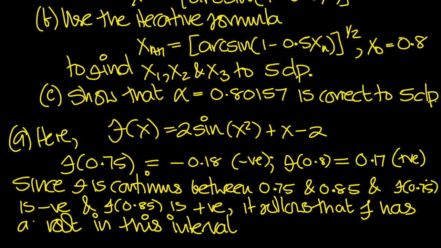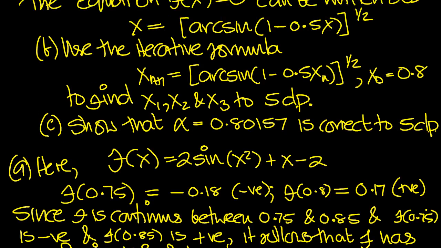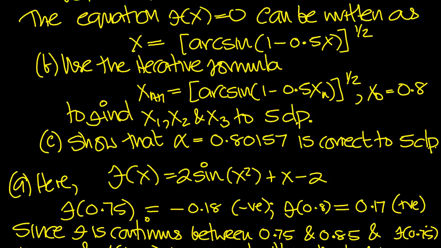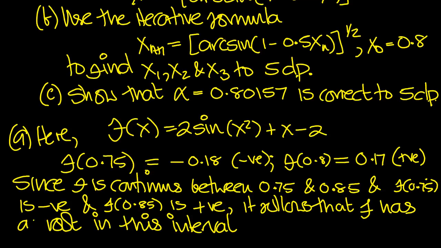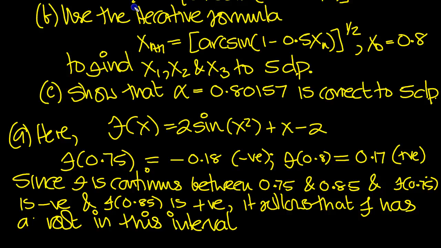Let's look at part B. The equation f of x can be written as this, so we don't need to work it out, it's given. Use the iterative formula. Here it is here. Let's write that down with x0 equals 0.8 to find x1, x2, x3 to 5 dp.